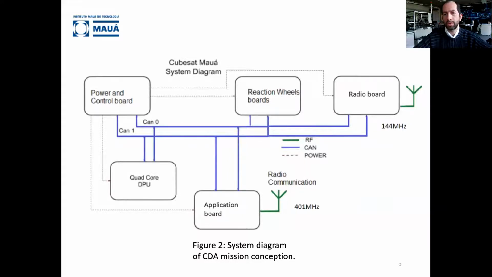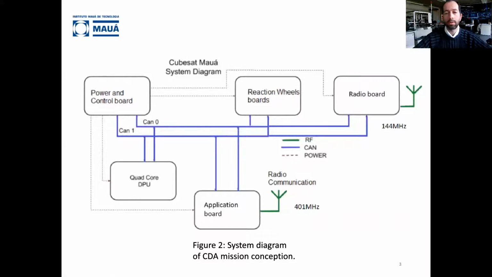CAN 0 is for broadcast messages, for messages between one board and others, and CAN 1 is for emergency or critical messages, okay, for redundancy too. The power control board is the special board because this board controls the power and makes a redundancy between power supply. Okay.